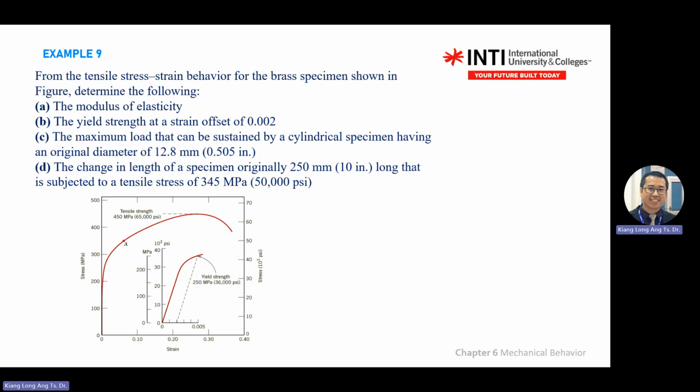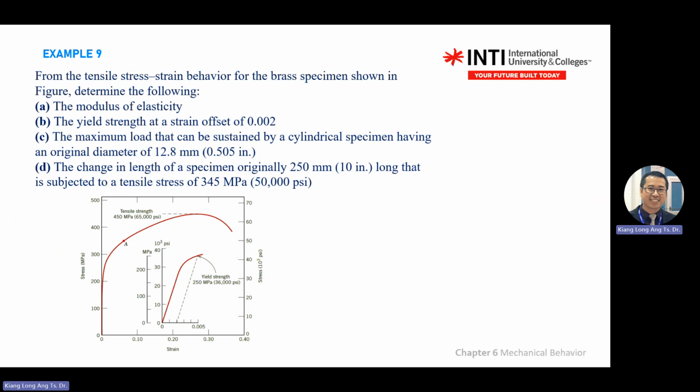For the modulus of elasticity, you write Hooke's law: stress equals E times strain. From the graph, this is your Y, this is your X. So basically E is the gradient, your M, where you take the change of stress over the change of strain, that is y2 minus y1 over x2 minus x1.